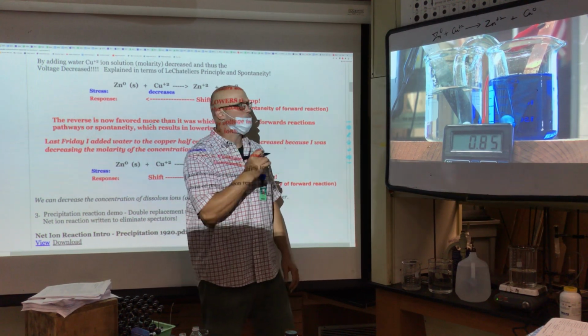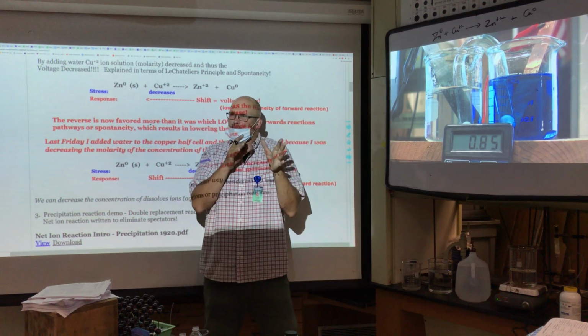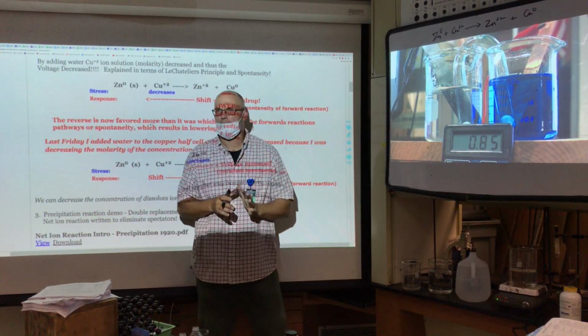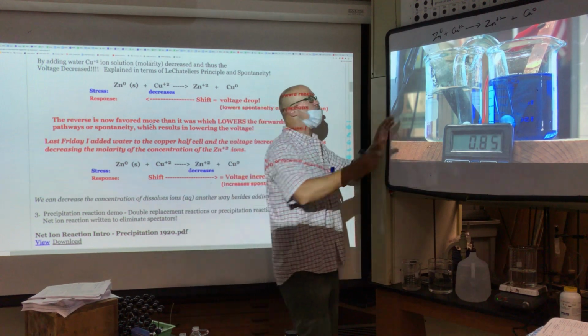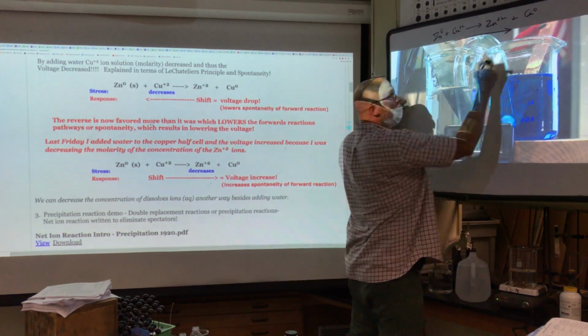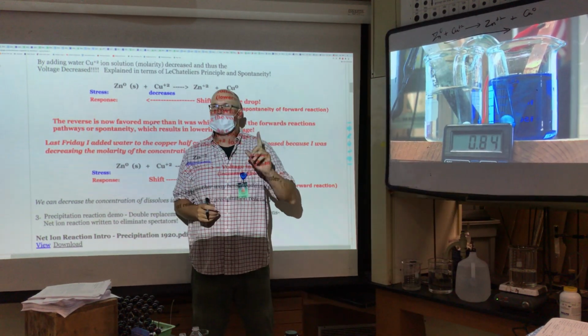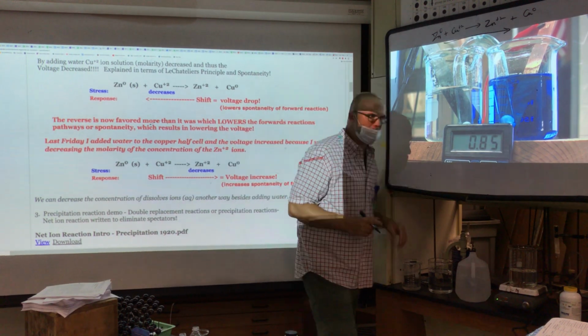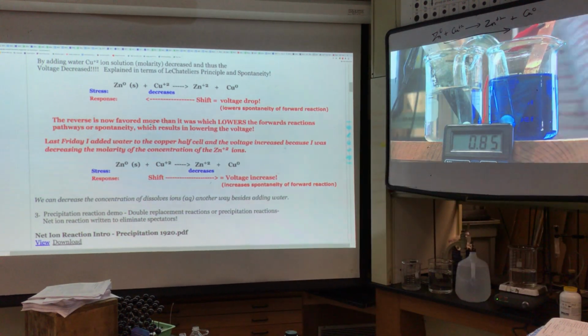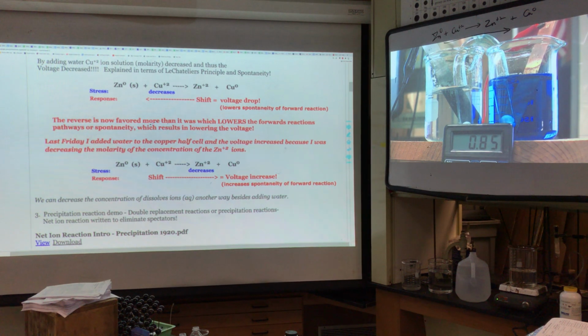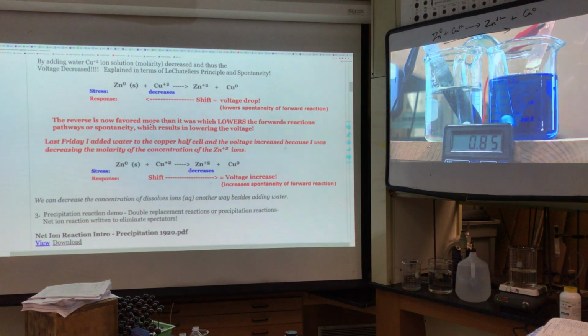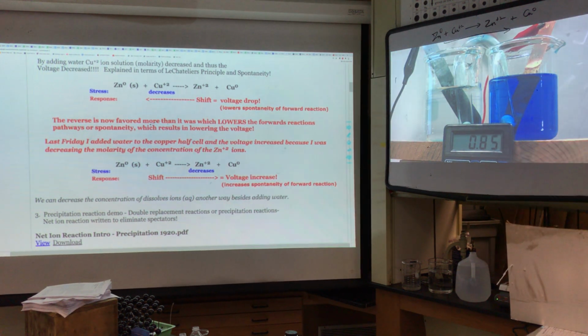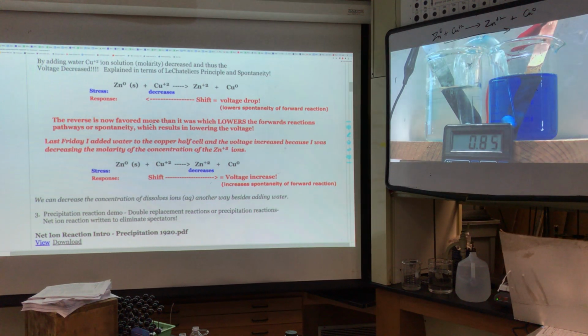If the voltage increased, am I going to have a more spontaneous pathway in the forward or the reverse? Forward. This is going to shift to the right. Where did I have to add the water? Now remember, party people, adding water means I'm decreasing the concentration of some ions. Why?